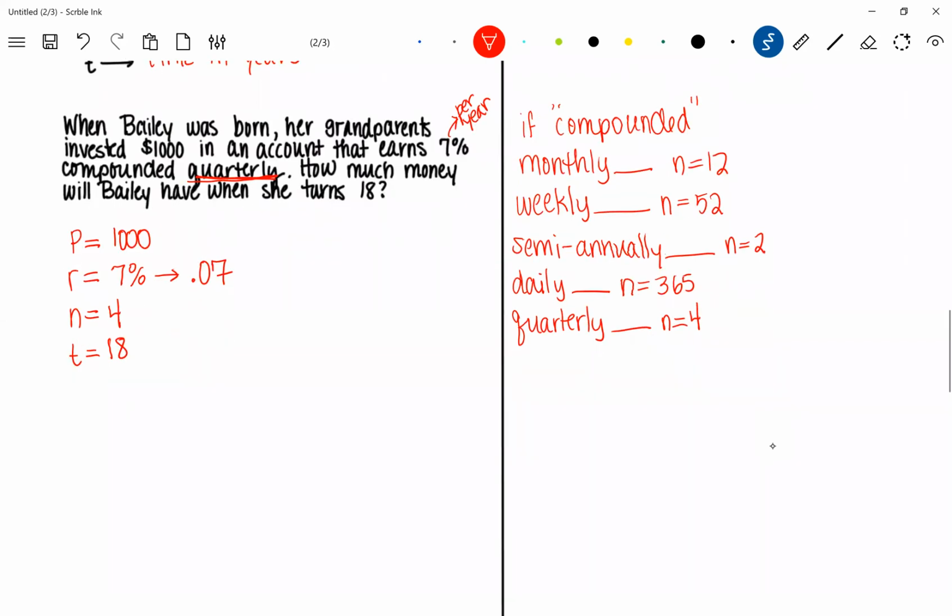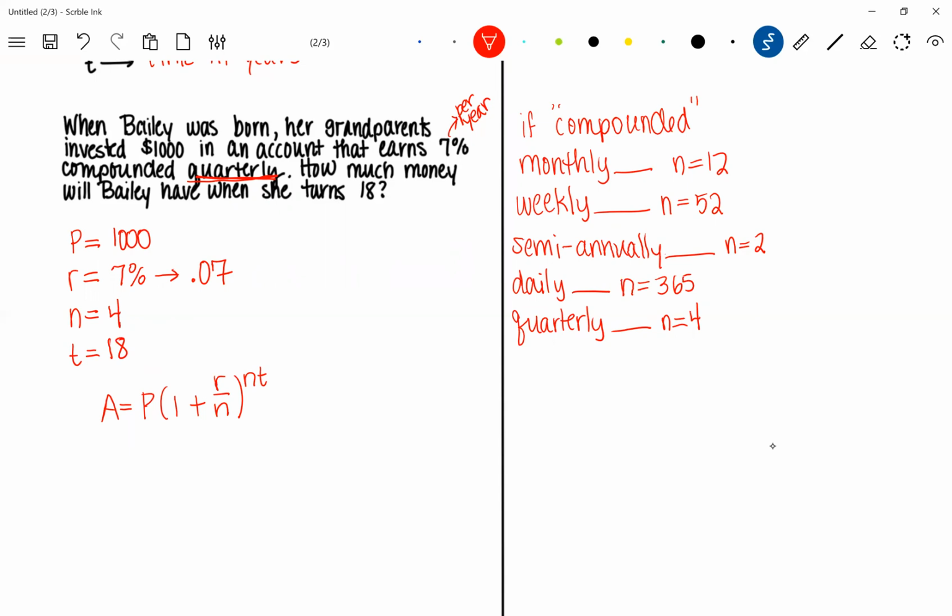So let's write our formula. A equals P times 1 plus R divided by N to the NT. Now, if it was compounded annually, it'd be compounding 1 time, and that's the simple growth formula, because R divided by 1 is just R, and N times T is just T.